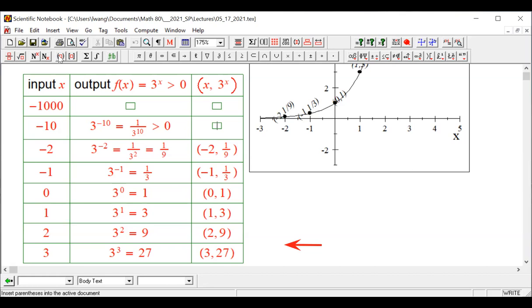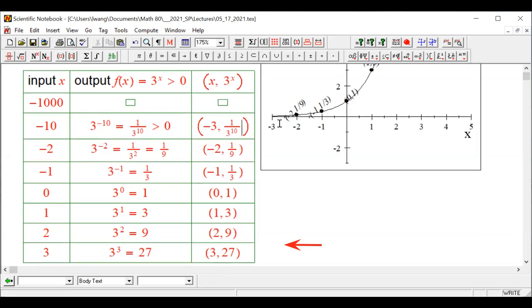So for this point, as input equals -10, the output is 1/3 to the power of 10, which is so close to 0 that the point is probably somewhere here. Very low, very close to 0, but it never touches the x-axis.